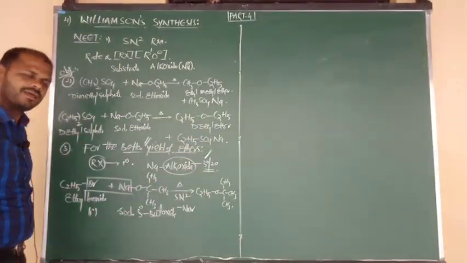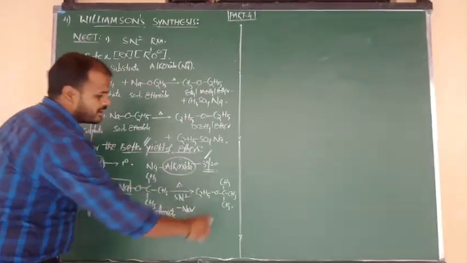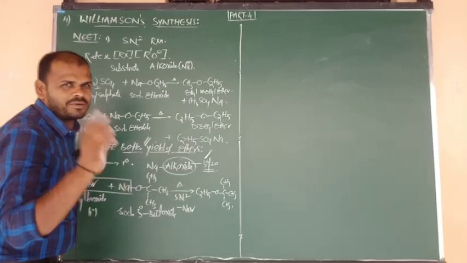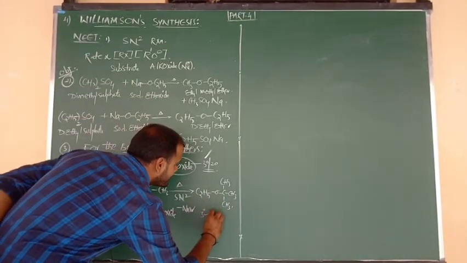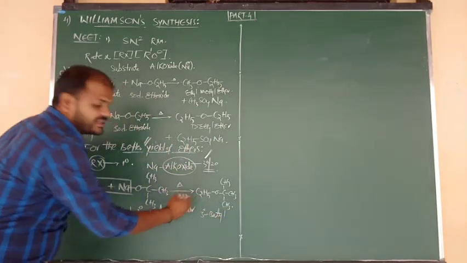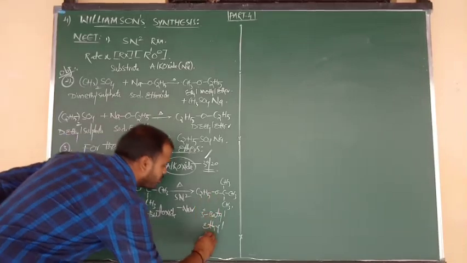Name: on the left side is an ethyl group, on the right side a butyl group, but butyl comes first alphabetically. Which butyl? Tertiary butyl, and next one is ethyl, and the functional group is ether.